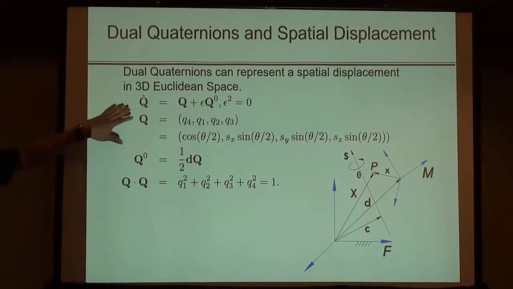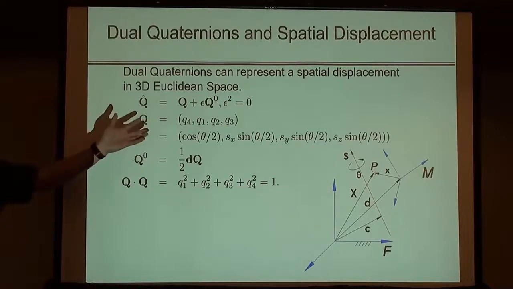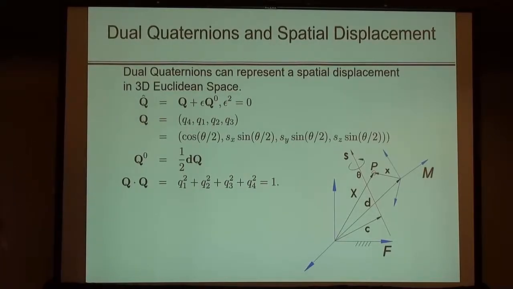So dual quaternion is effectively Plücker coordinates in 4D space. Okay? All right. Now there's actually deeper geometry underneath it. There are papers describing why this is the case and all that. But this is essentially the case. Any questions about this?